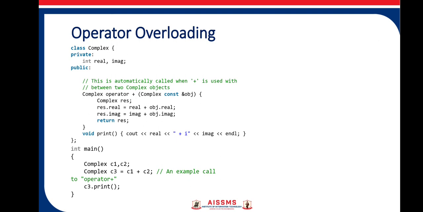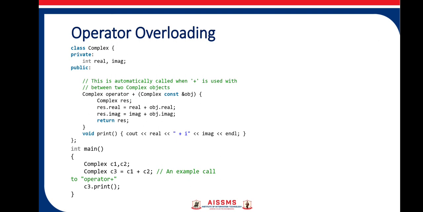So basically what I intend to do in this operation C3 equal to C1 plus C2 is to add two complex numbers. Now these complex numbers are user defined and not built in. So the compiler may not know how to add these two complex numbers. So we need to overload. That means this plus operator we need to give some additional meaning. So how to give that additional meaning? By using the syntax which we have discussed. Using the same syntax we have written this: complex is my return type, because addition is going to return one complex number.